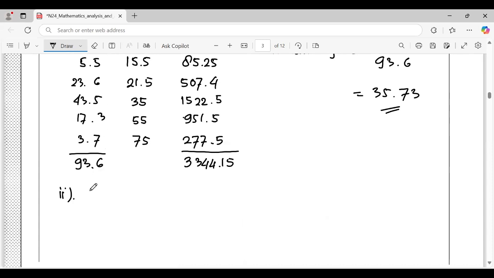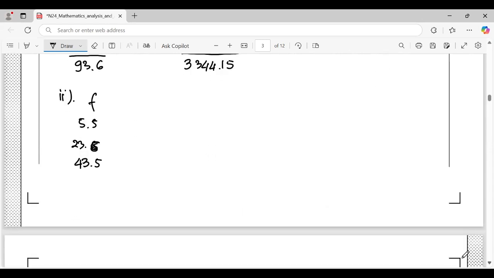The frequency is 5.5, 23.6, 43.5, 17.3, 3.7.